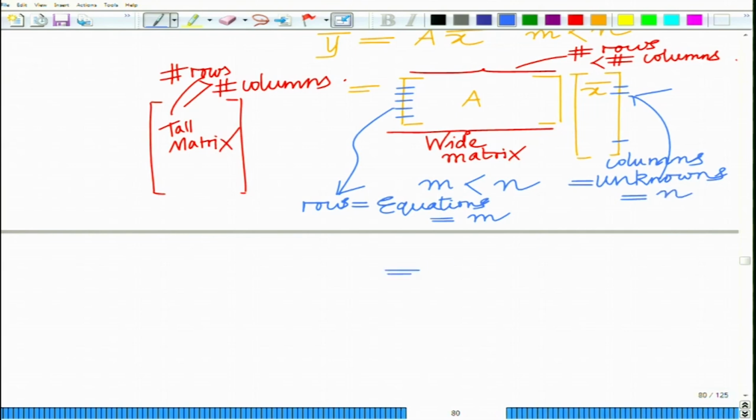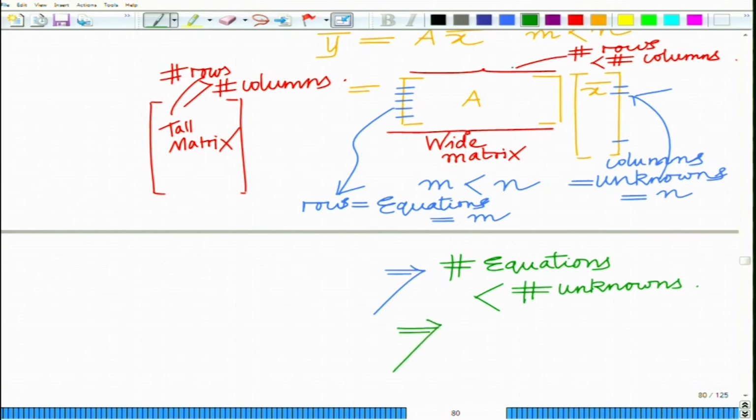So, this implies that for this kind of system, when m is less than n, the number of equations is smaller than the number of unknowns, which implies that the system is underdetermined.